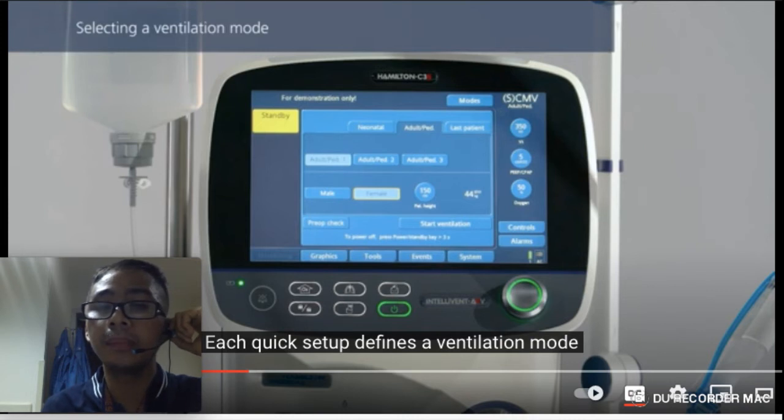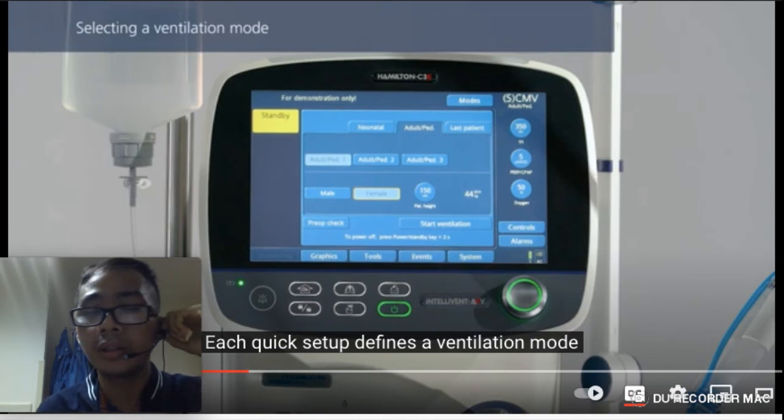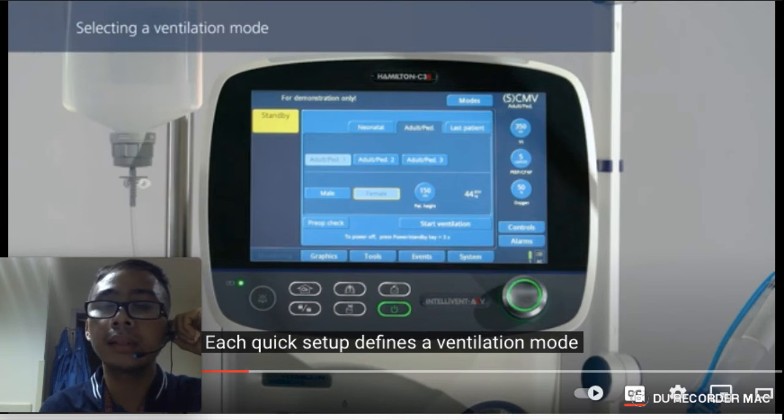So hindi alam ng, ewan ko, ng manufacturer, they don't manufacture the ventilator based on COPD, based on ARDS case, based on asthmatic. Kaya nga as a respiratory therapist, you need to have a clinical eye to decide the proper parameters and adjust parameters. This incongruent sa case na paglalagyan ng ventilator.